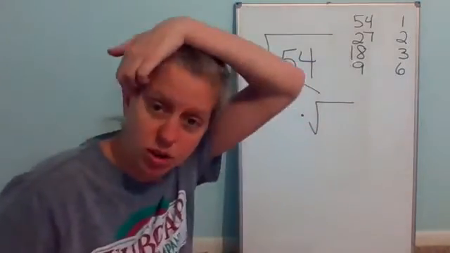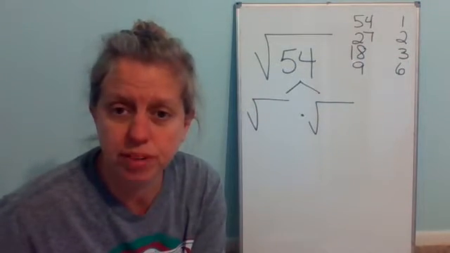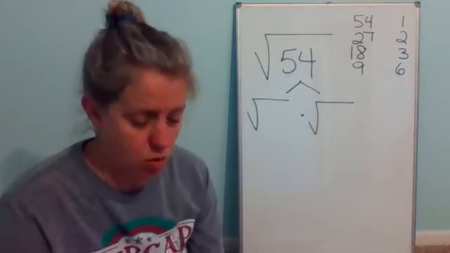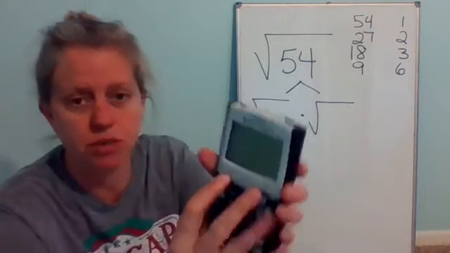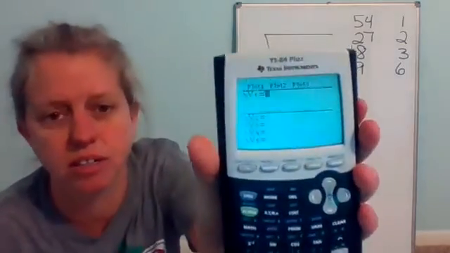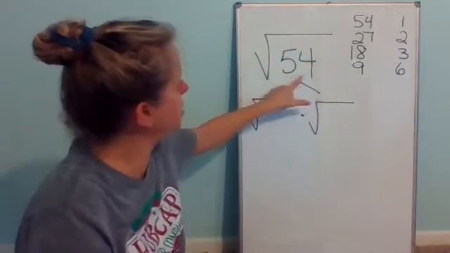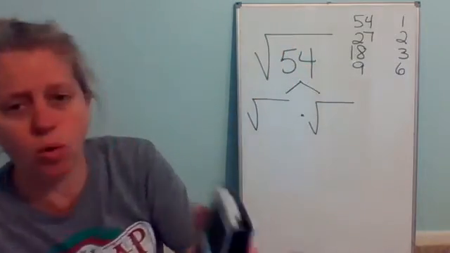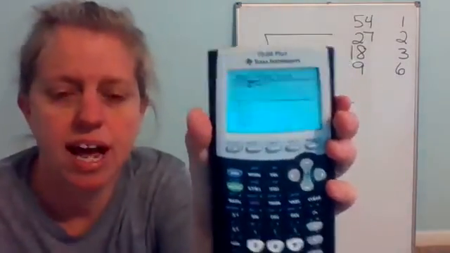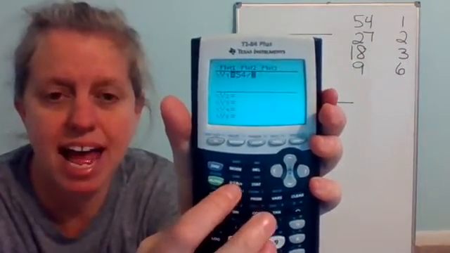Remember back in the factoring where you can make that table for yourself in your y equals. So if you go to y equals, clear it out if you have something in there. Type in whatever this number is under your radical. So 54, and then hit divided by x.